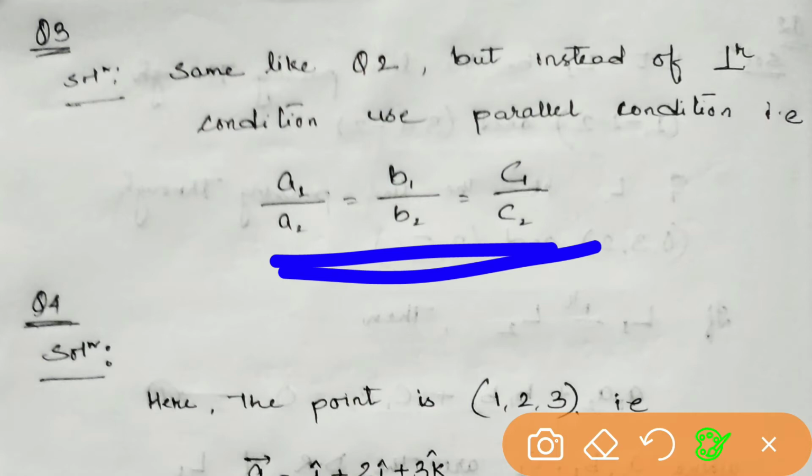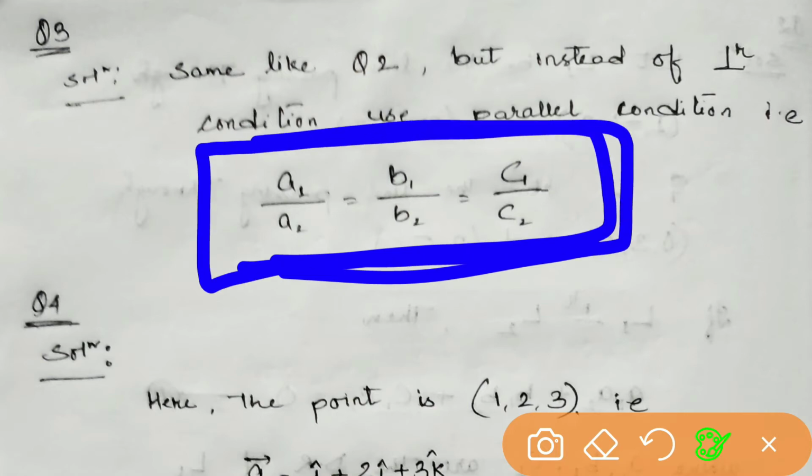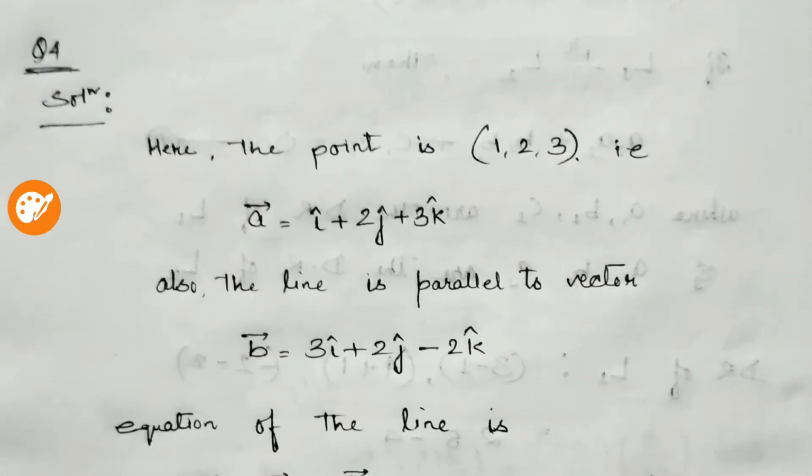So look at the question, you will see the points there. So what you will do, you will find the direction ratios similarly like question number 2, and then you satisfy this condition. If you find these 3 are equal, then you say they are parallel, otherwise they are not parallel. Okay, that should not be a big problem for you to be able to do. Okay, now question number 4.